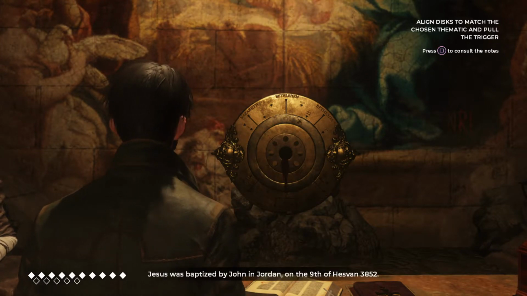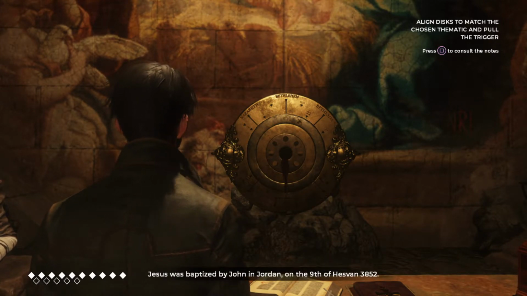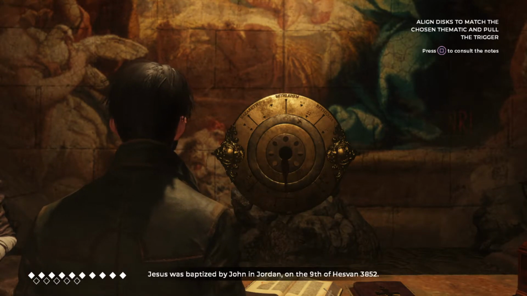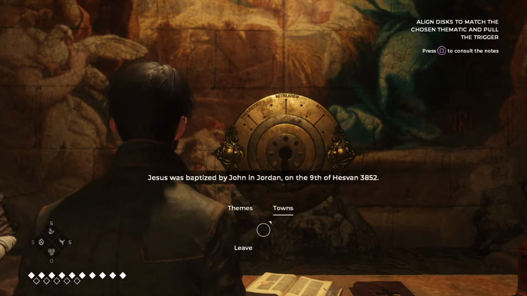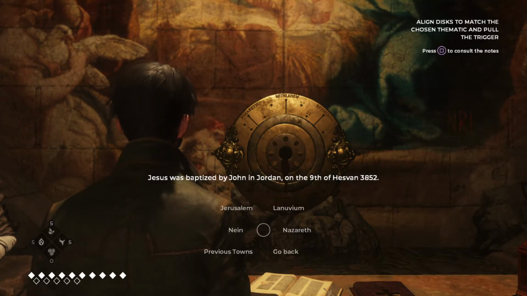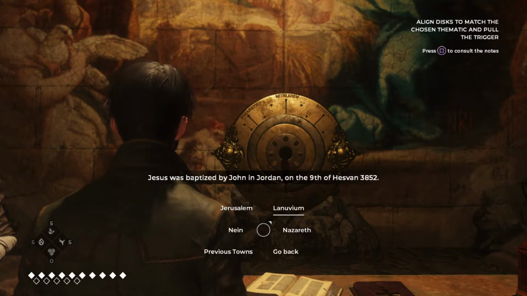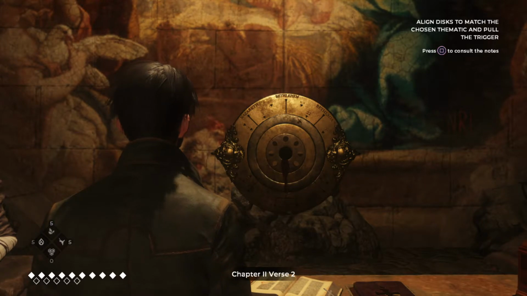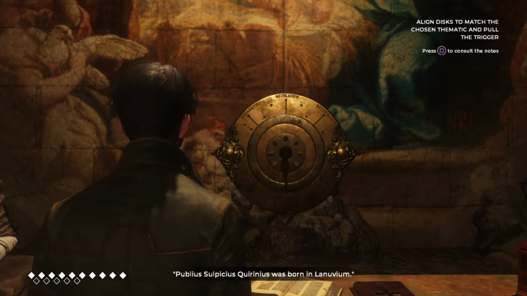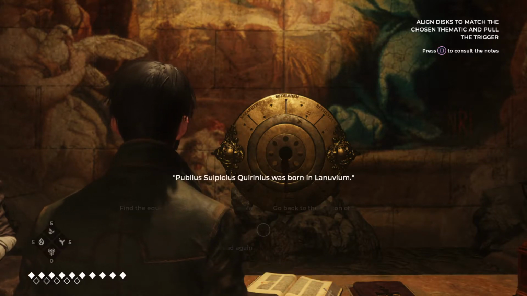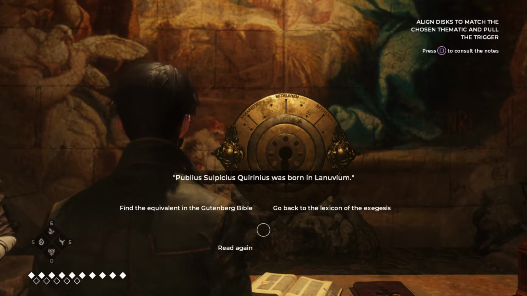Jesus was baptized by John in Jordan on the 9th of Hesvan, 3852. Okay, we can ignore that one as well. Chapter 2, verse 2. Publius Sulpicius Quirinius was born in Lanuvium. That doesn't help me at all.